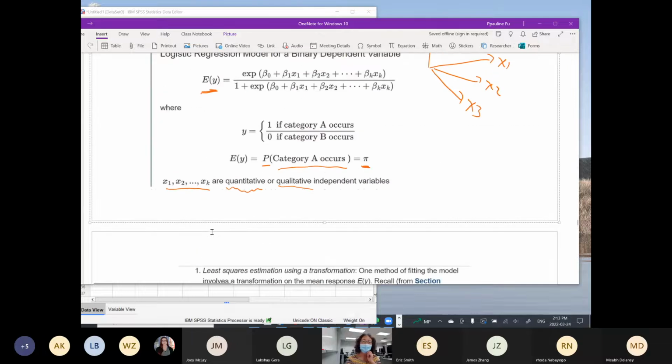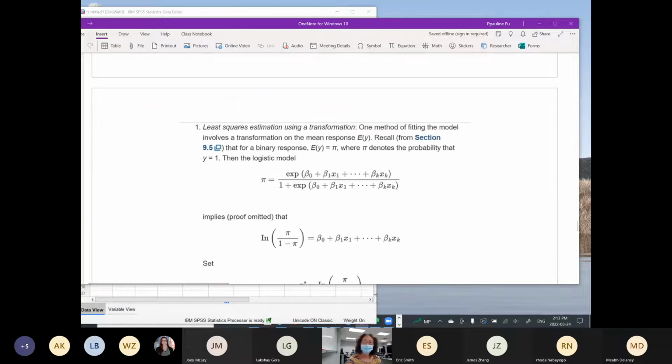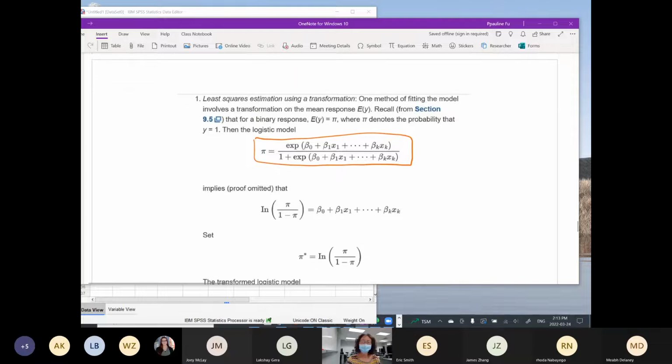Because we say E(Y) equal to pi here, that equation we write down as pi equal to this one. Pi represents the probability of event A occurring. Rearrange this a little bit.